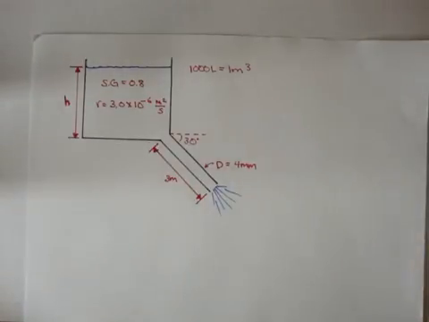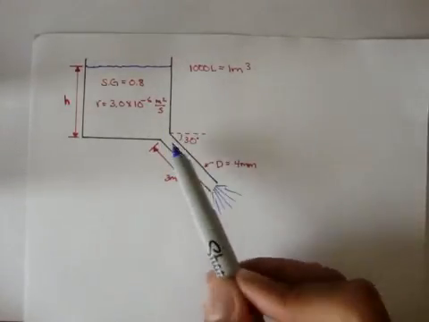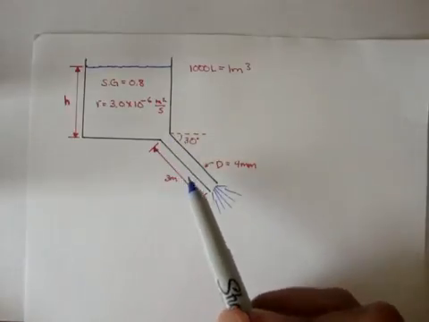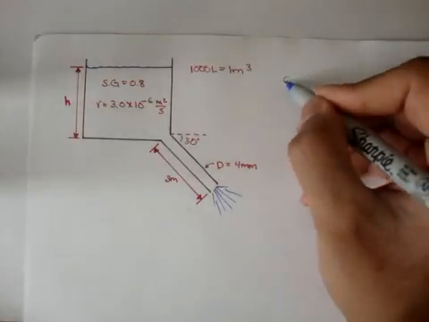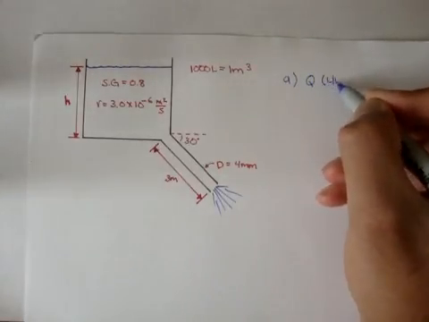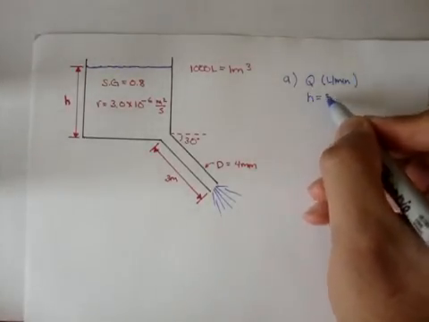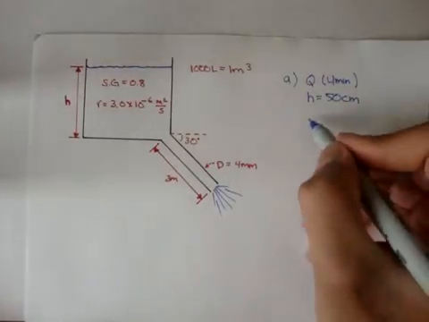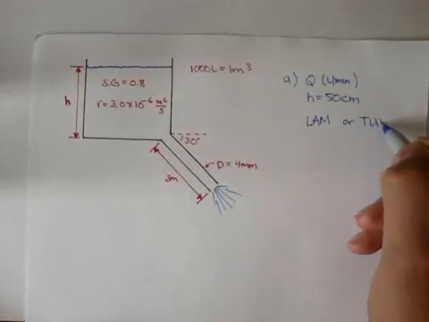And the question says, consider the flow of kerosene out the inclined reservoir tube, neglecting any entrance losses and assuming steady flow. Determine A, the flow rate, Q, in liters per minute, for a height of 50 centimeters, and determine whether the flow is laminar or turbulent.